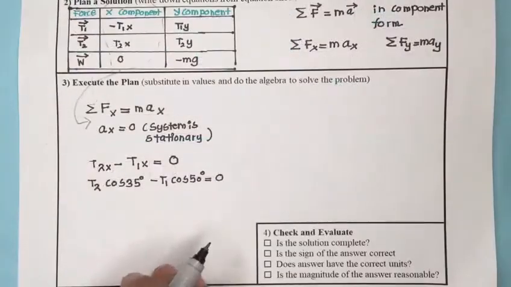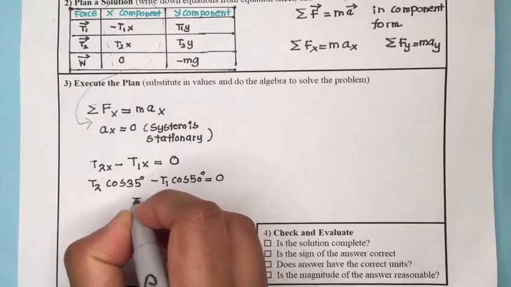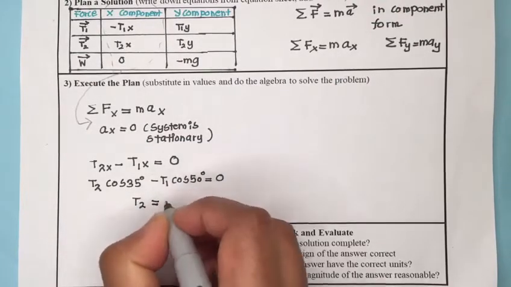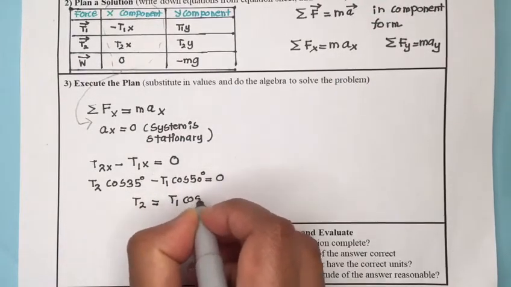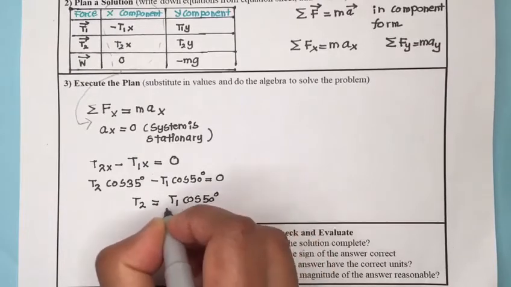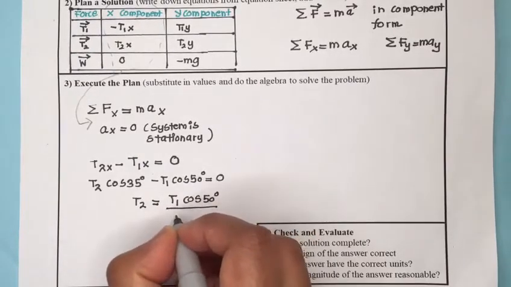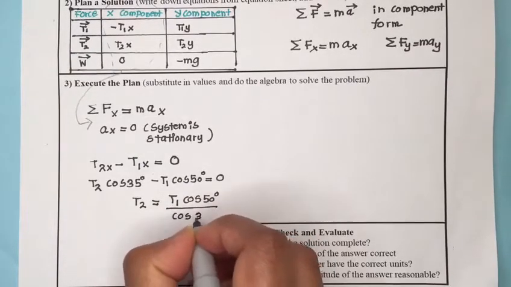Now let's solve for T2 in terms of T1: T1 cosine 50 divided by cosine 35 is equal to T2.